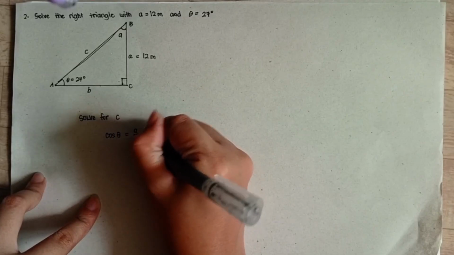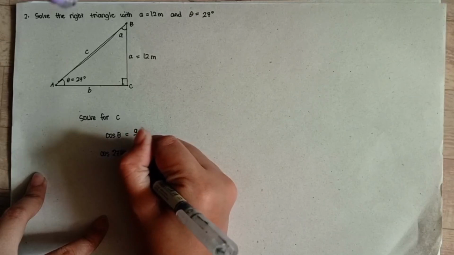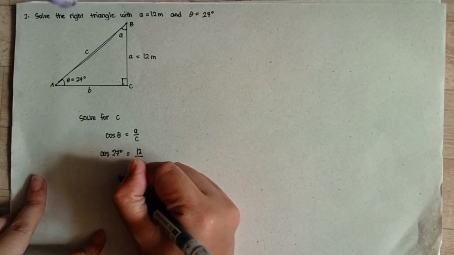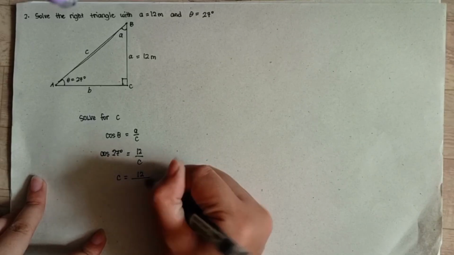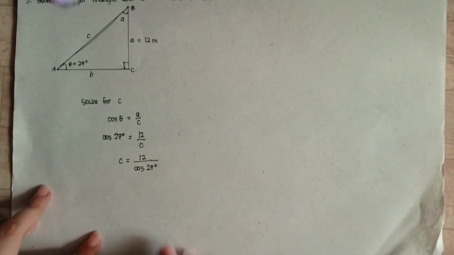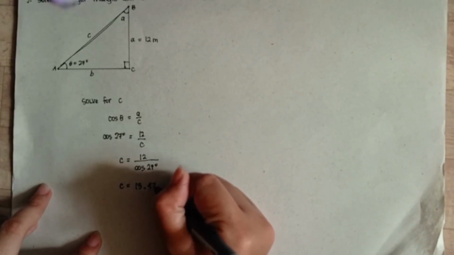So cosine theta is equal to A over C. Substitute the given values. Cosine 27 degrees is equal to 12 over C. Next, we solve for C by cross multiplying. So C is equal to 12 over cosine 27 degrees.